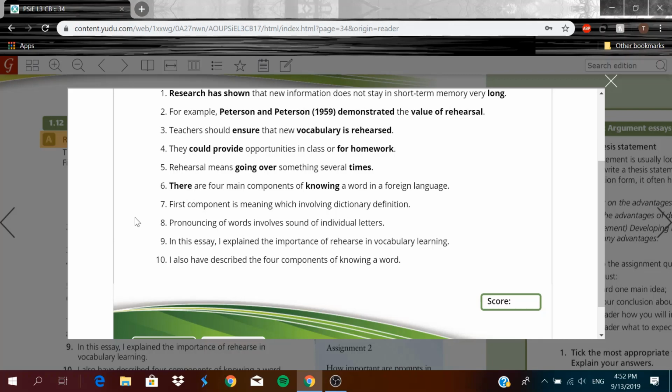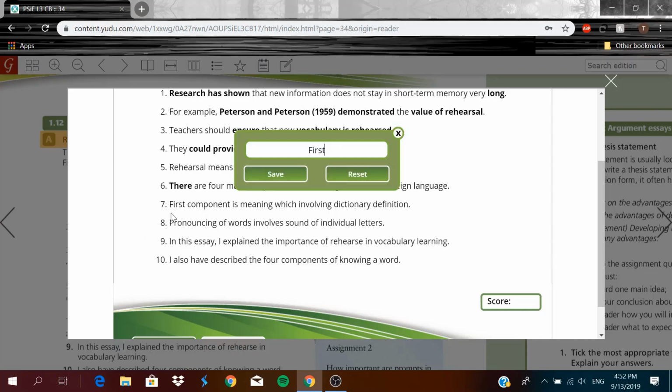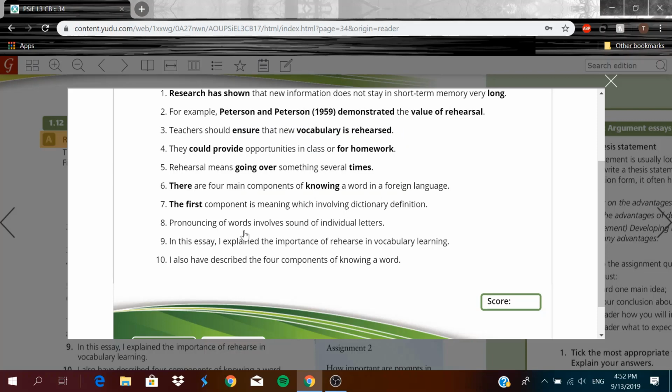Okay? On to number 7. We have: the first component is meaning, which involving dictionary definition. So we'll say the first component is meaning, and here we have a comma, actually.